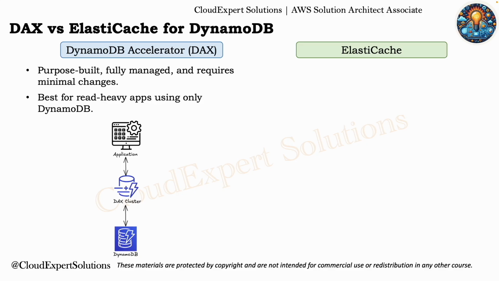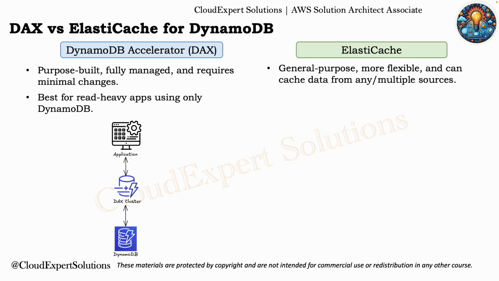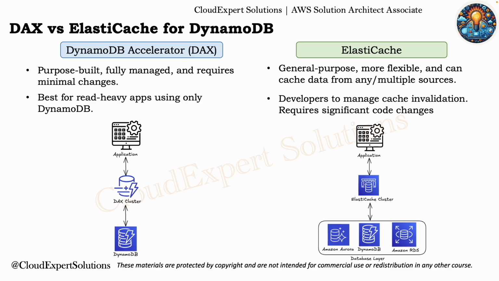On the other hand, ElastiCache is a general-purpose, highly flexible cache that can be used with DynamoDB or any other data sources like RDS, Aurora and so on, but that flexibility comes with complexity. With ElastiCache, you are responsible for managing the cache invalidation and ensuring data consistency in your application code.